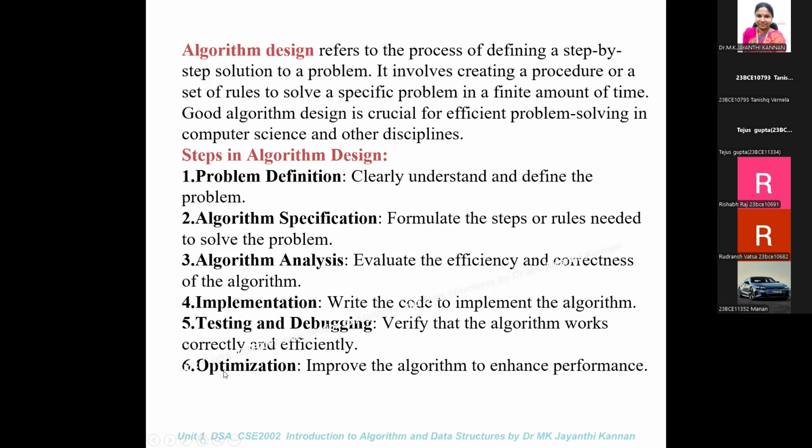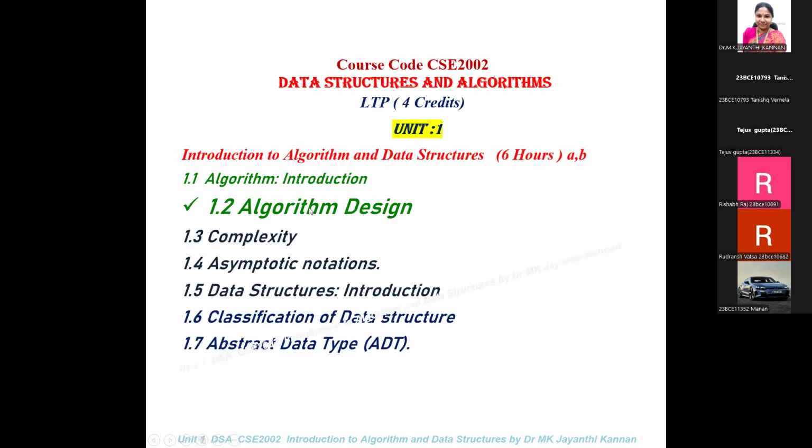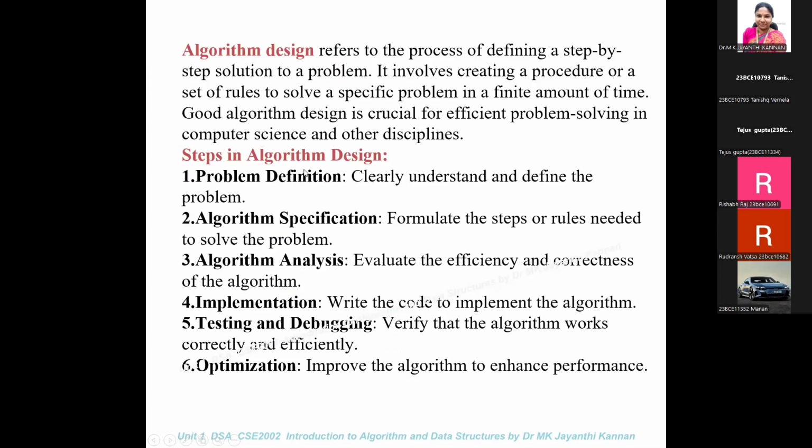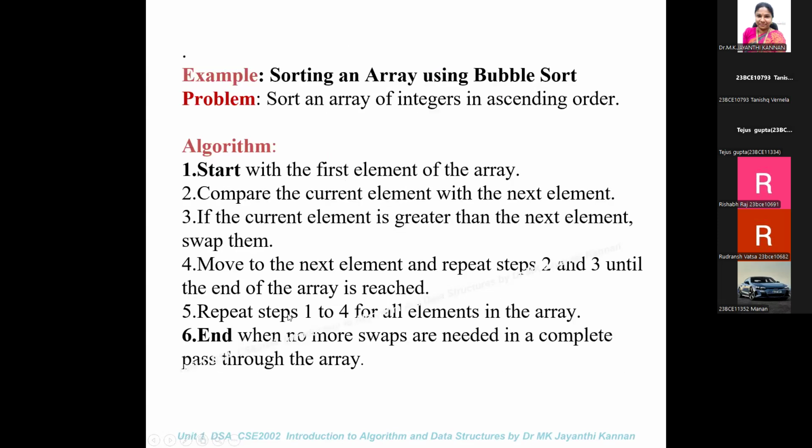We aim for an optimal solution, not just a feasible solution. The optimal solution has maximum efficiency in terms of less time and less space. So the efficiency of any algorithm is determined based on time and space complexity. These are the steps we need to follow while designing an algorithm, and you should know this topic.